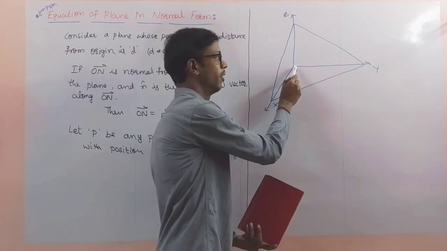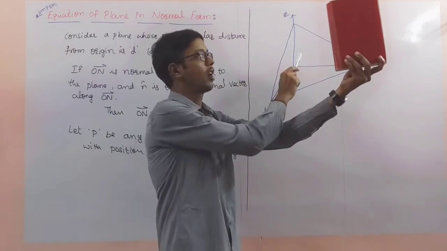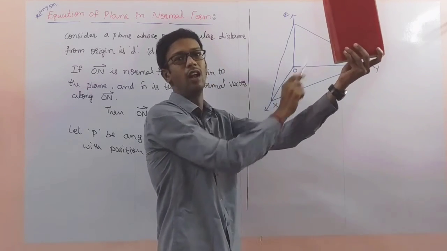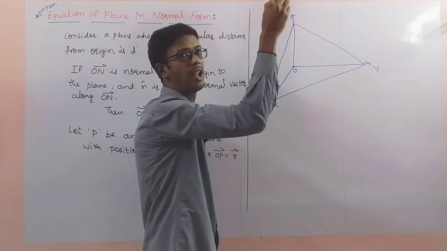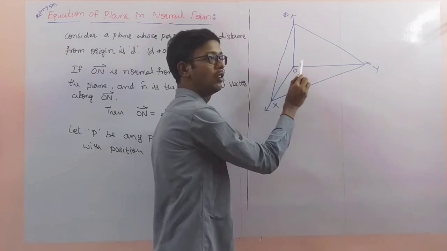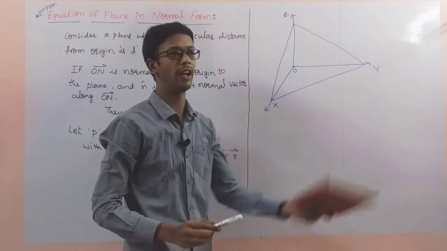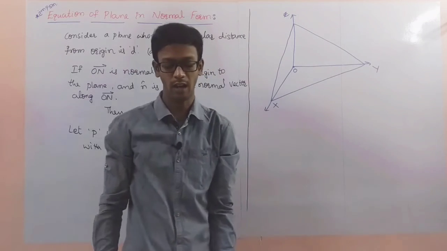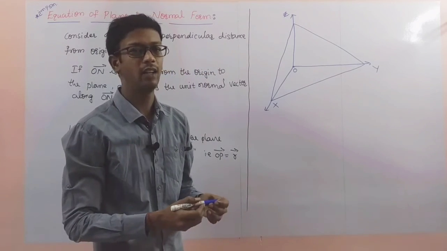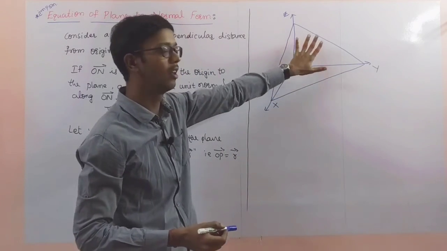From the origin you have to draw the perpendicular to the plane. For example, here the plane is there. From the origin you have to draw a perpendicular line. We can't draw it directly, so that's why we are placing it on this board.